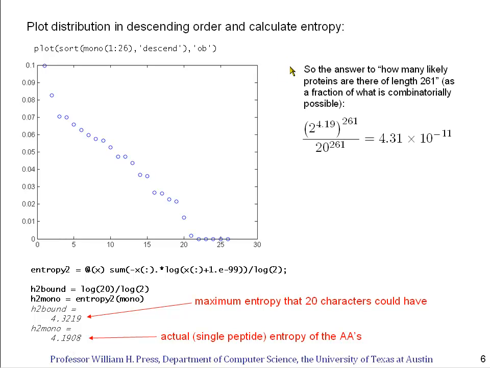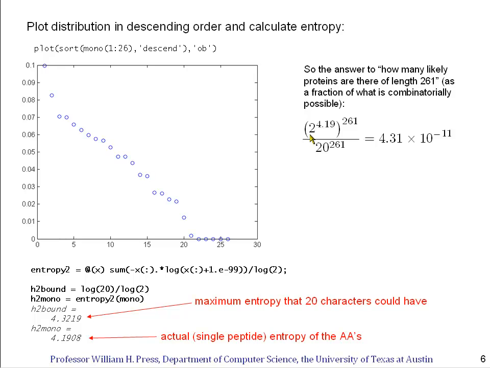Here's an example. Remember we asked the question, how many likely proteins are there of length 261? Let's now say, how many are there as a fraction of the combinatorially possible number? So the combinatorially possible number is 20 to the 261, whereas the entropically possible number is the entropy that we got down here, 4.19.